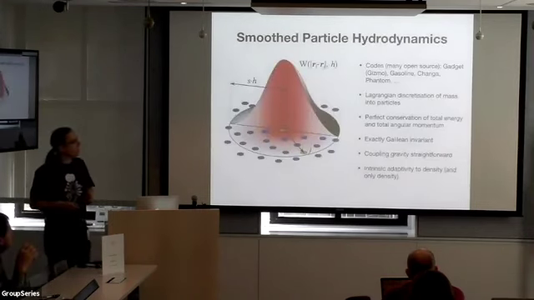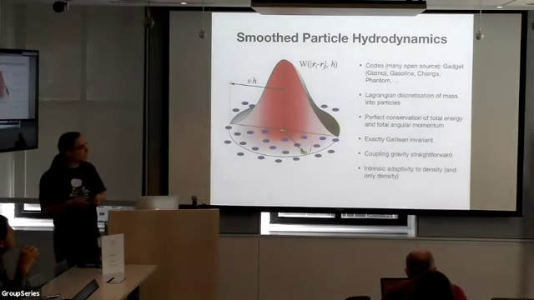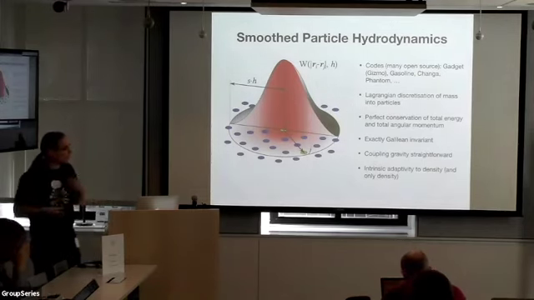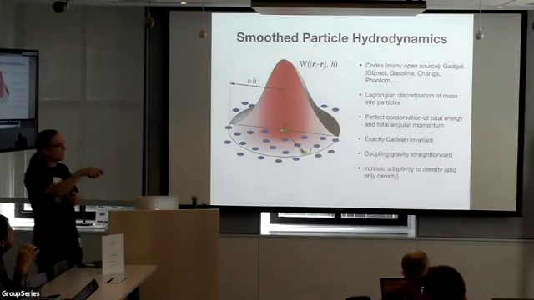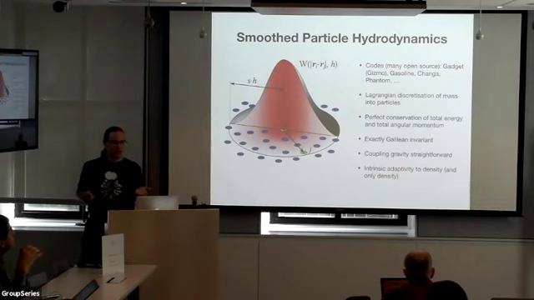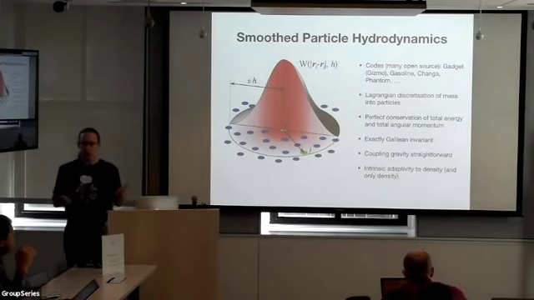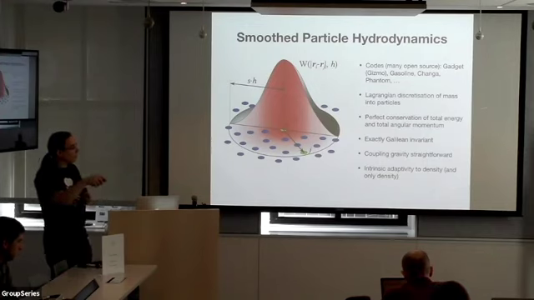So let's look first at smoothed particle hydrodynamics. There are many reasons to use SPH, but one of the reasons is definitely that there are quite a number of efficient codes publicly available that you can just download, set up your own SPH simulation, and run it. So how does this work?